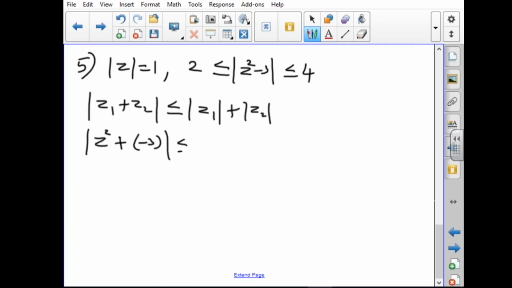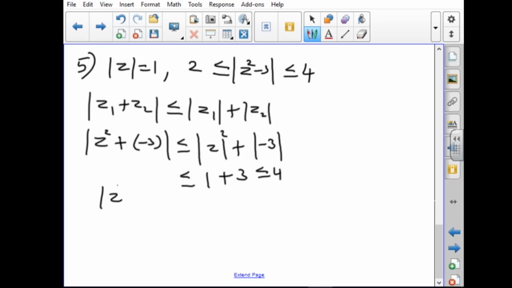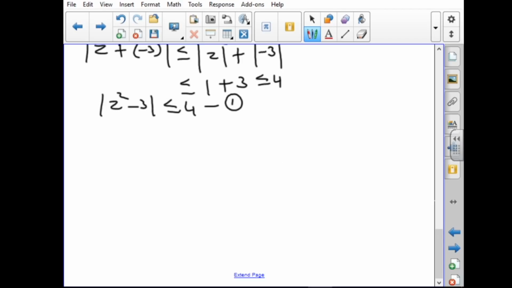So, it will be less than or equal to modulus of Z square plus modulus of minus 3. Modulus of Z is 1, so 1 square is 1, and modulus of minus 3 is 3, which is less than or equal to 4. So modulus of Z square minus 3 will be less than or equal to 4. So this is equation number 1.